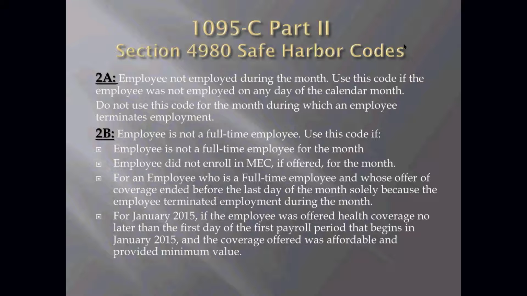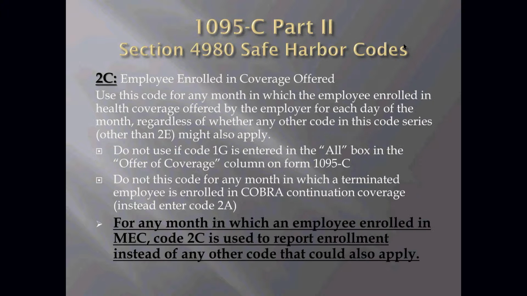So I'm going to move into the other codes so we can see where things are going to get used and what additional codes we'll see. Code 2C, employee enrolled in coverage offered. Use this code for any month in which the employee enrolled in health coverage offered by the employer for each day of the month, regardless of whether any code in this code series, other than 2E, might also apply.